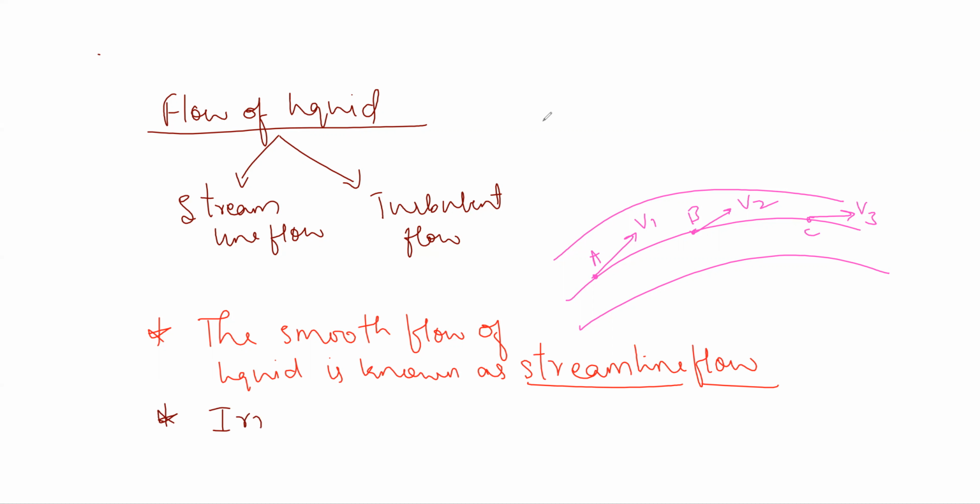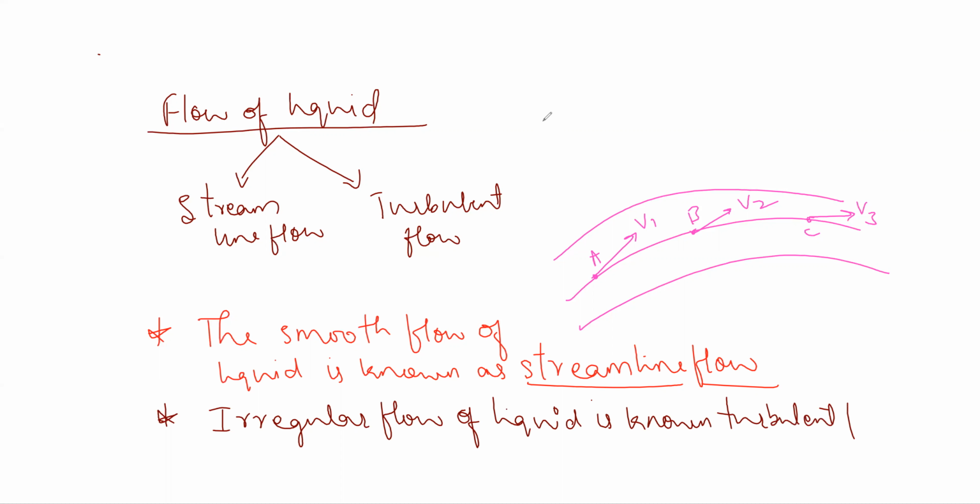Suppose the flow of liquid is irregular, meaning it is not moving in a constant flow. Irregular flow of liquid is called turbulent flow.